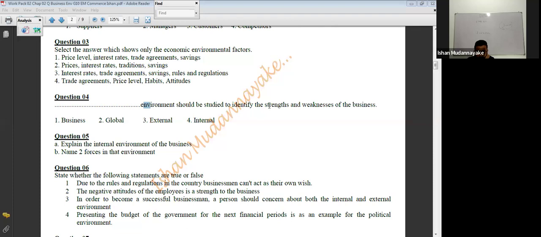It should be studied to identify strengths and weaknesses. We discussed today in detail everything. Yes, Sanuka, your answer is correct. The fourth one is the answer. By studying the internal environment, we can identify strengths and weaknesses.